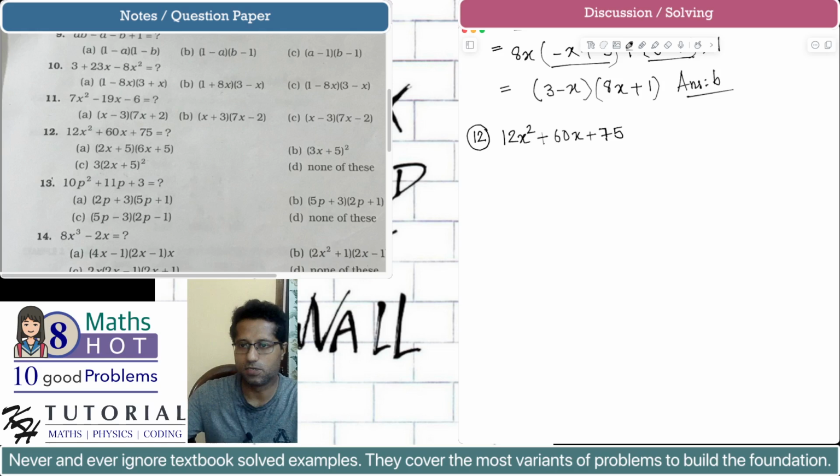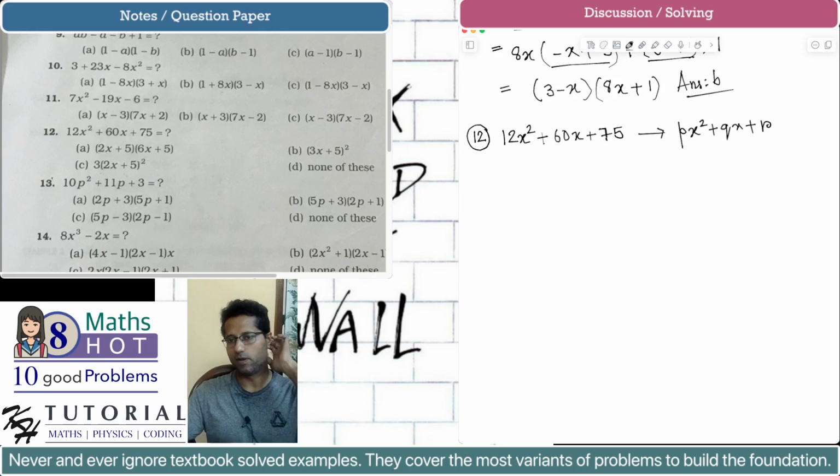So this is of the form px square plus qx plus r where p is equal to 12, q is equal to 60 and r is equal to 75.